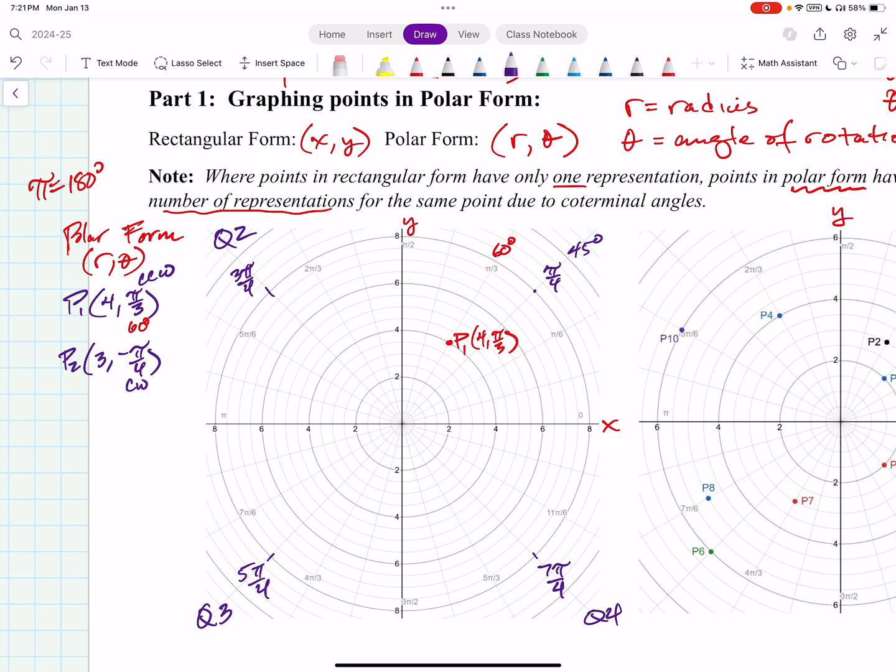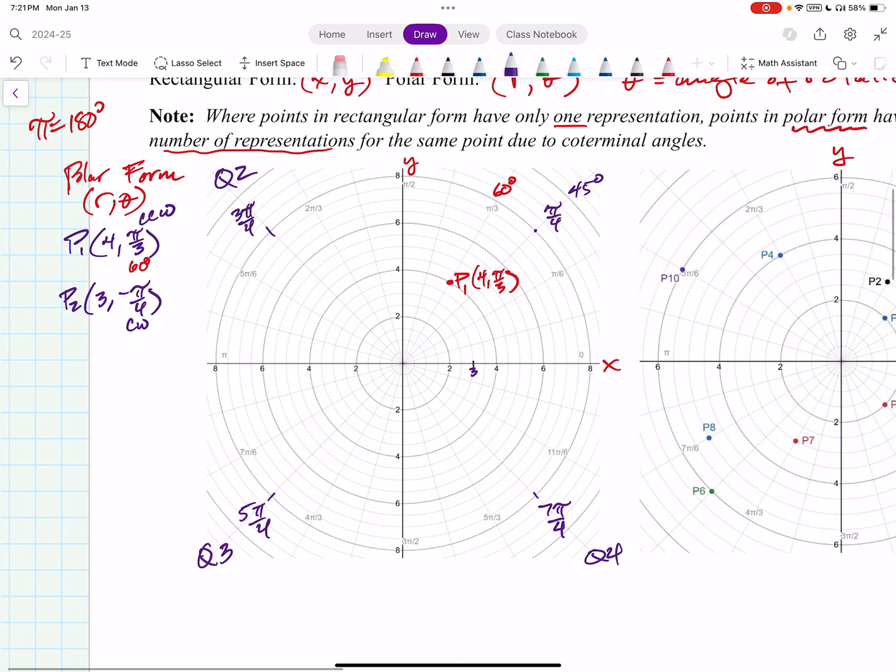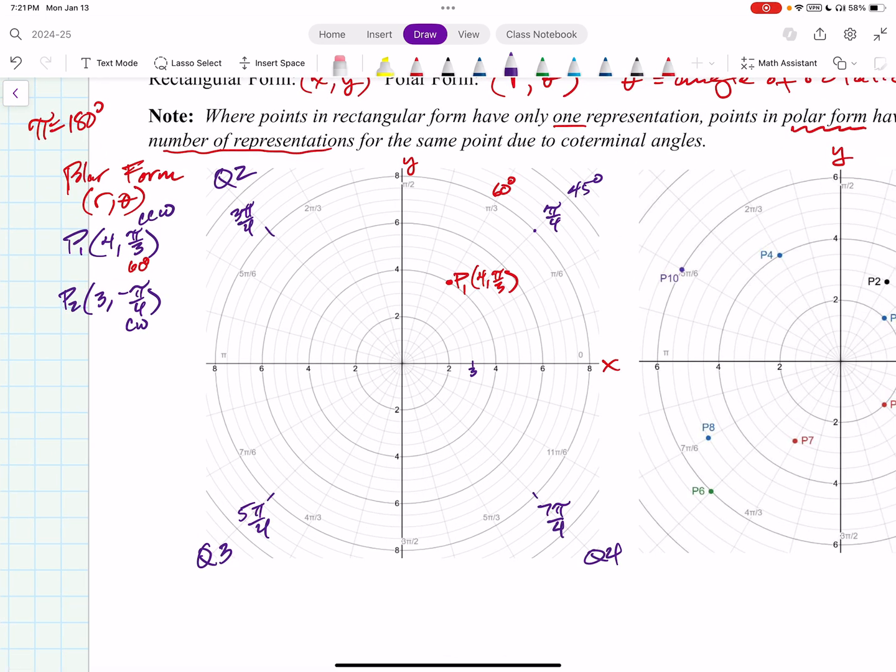Now what we want to do is go out to the third circle. We go 3 units to the right, which is right here. I can't make the graph any bigger than that. So you go out 3 units to the right and rotate clockwise 45 degrees, and you're here at P2, which is at 3 comma negative pi fourths.